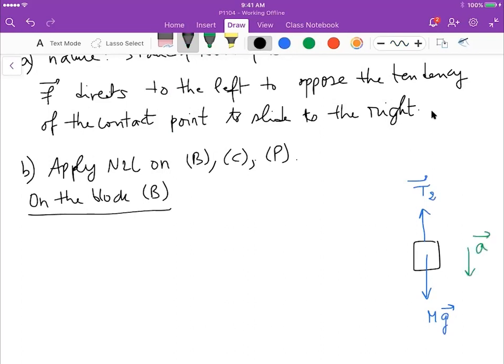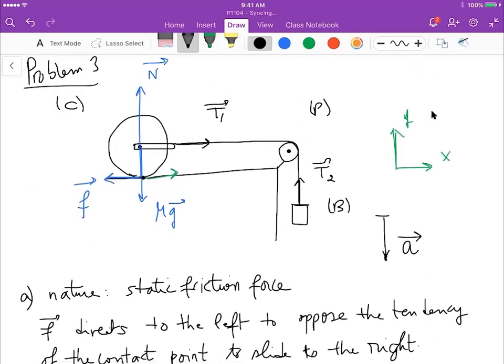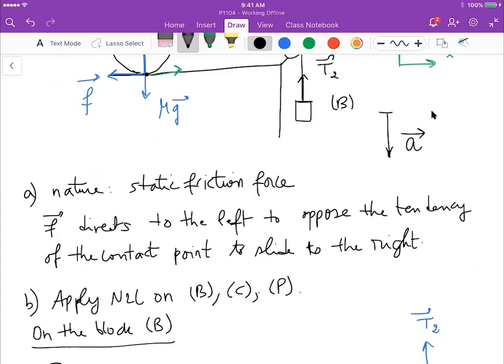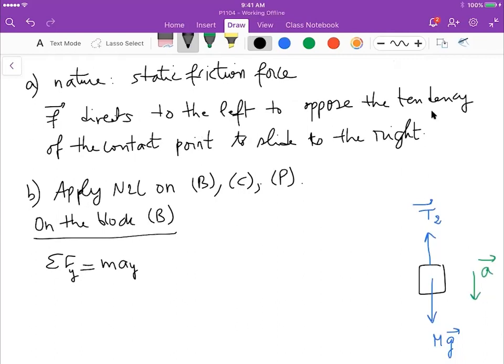Now, all we need to do is to apply Newton's second law. Sum of external forces along the y-axis is equal to M times a_y. Let's stick to the X and Y directions as we have chosen them in this figure, X to the right and Y upward. So we get plus T2 minus mg is equal to minus MA, because A in this case is pointing downward while the positive direction of the y-axis is upward.